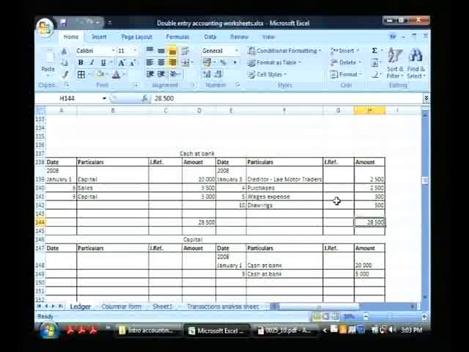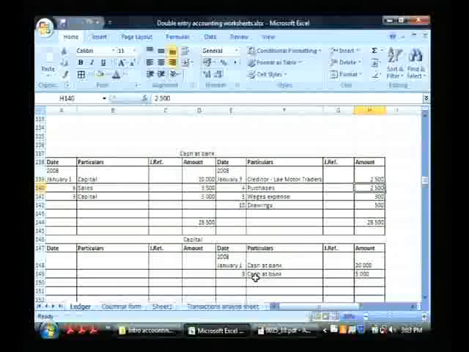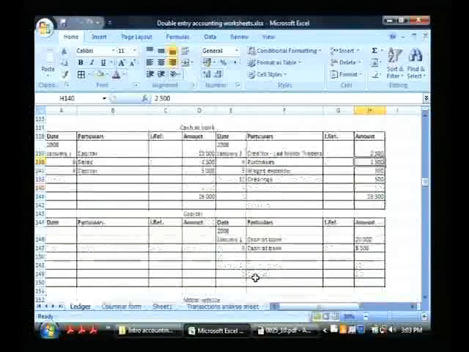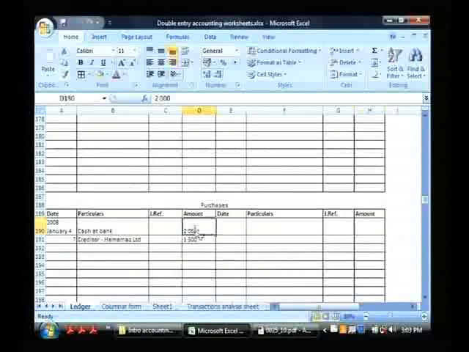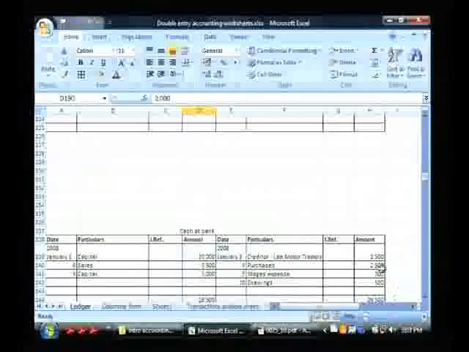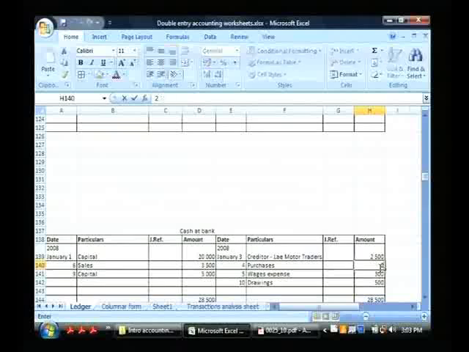And now find the total. Credit side total 5,800. 5,800 minus 28,500 is here. 2,500 item purchases. Let's check the purchases account. Purchases account, it is 2,000. Therefore, it is a mistake. We'll correct it.